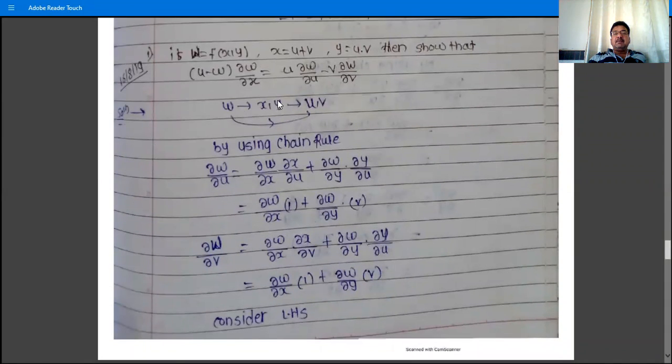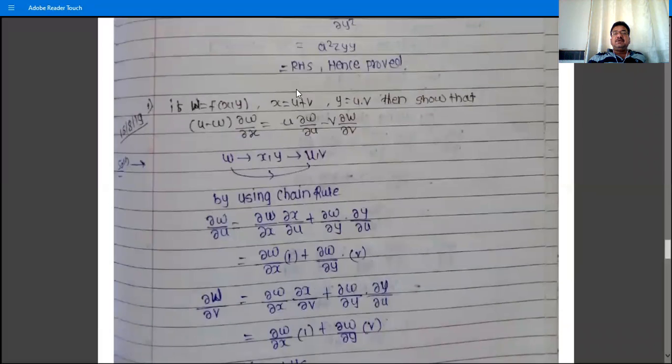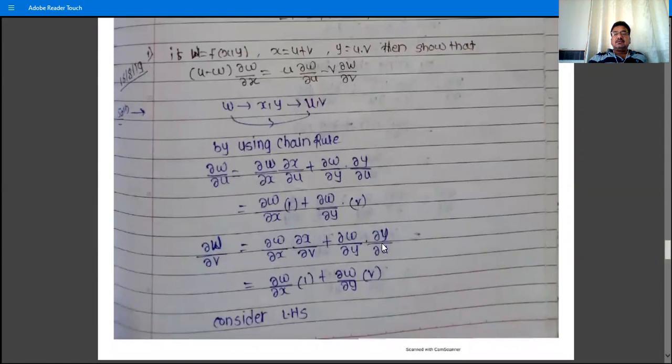Similarly, ∂w/∂v is ∂w/∂x times ∂x/∂v plus ∂w/∂y times ∂y/∂v. The derivative of x with respect to v is 1, and the derivative of y with respect to v is u. So right here u.